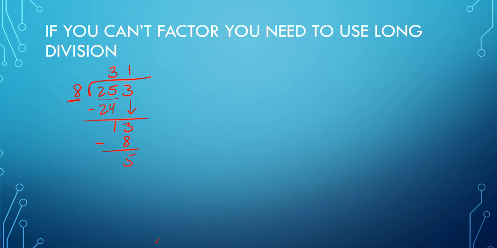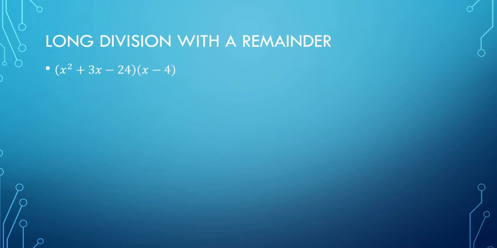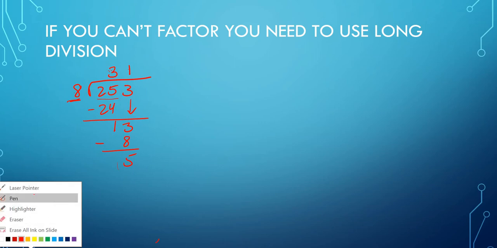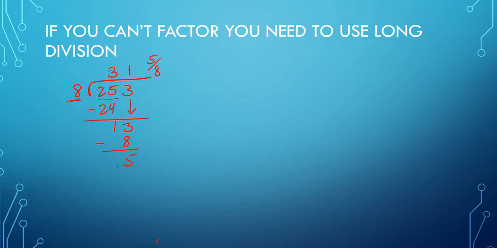Since 8 will not go into 5, there are two ways to do this. One way is to put a decimal point and continue to divide. But since with polynomials I won't be able to put a decimal point, I'm going to write this as a remainder. That would be 5/8.